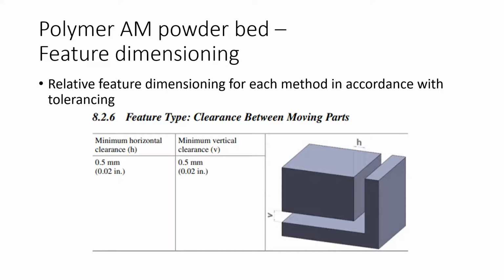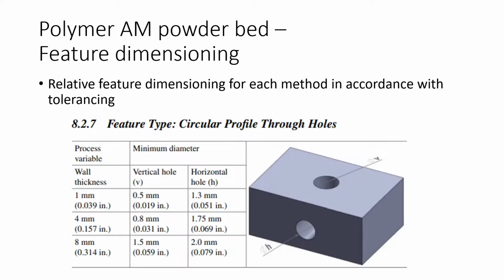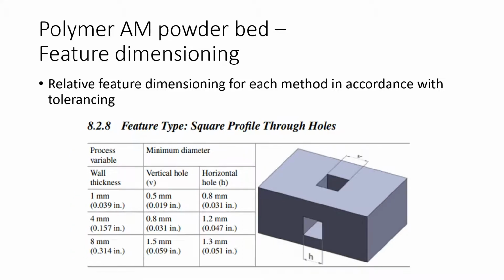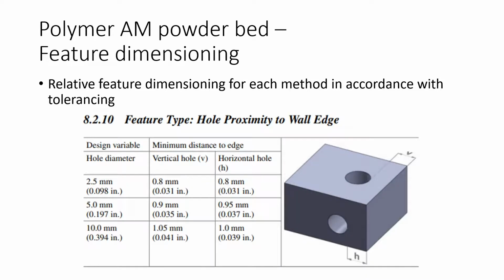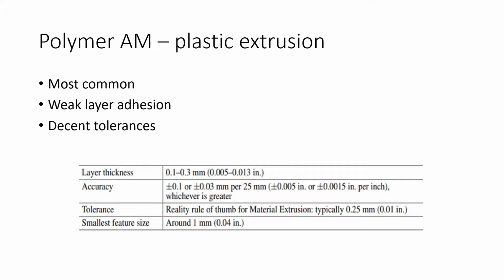There's also clearance between moving parts as a feature, clearance for a circular profile, square profile, circular pins, hole proximity to a wall edge, and that leads us into polymer additive manufacturing with plastic extrusion.